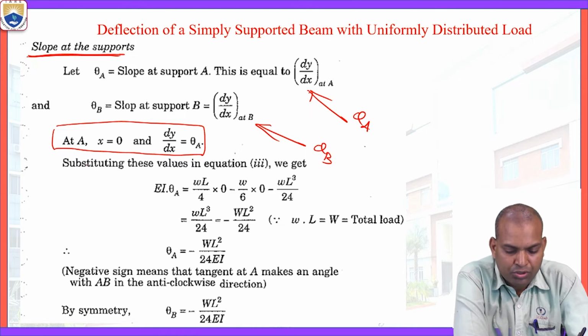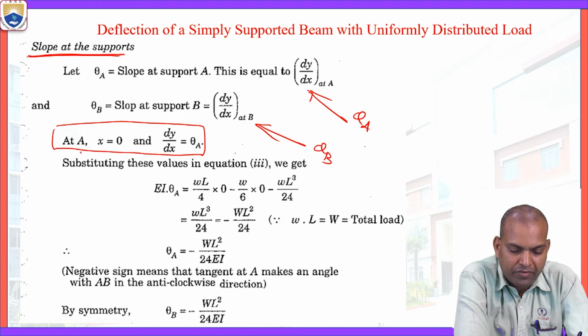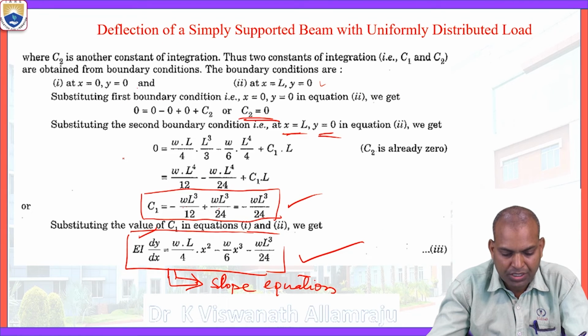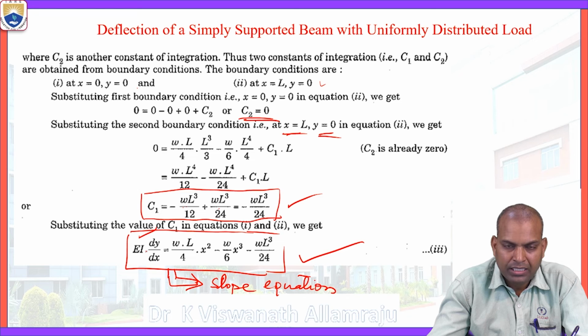At x equal to 0, substitute in the slope equation. What is the slope equation derived here? The slope equation is EI times dy by dx equal to wL by 4 times x square minus w by 6 x cube minus wL cube by 24.